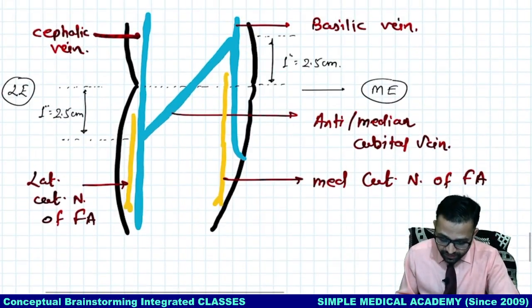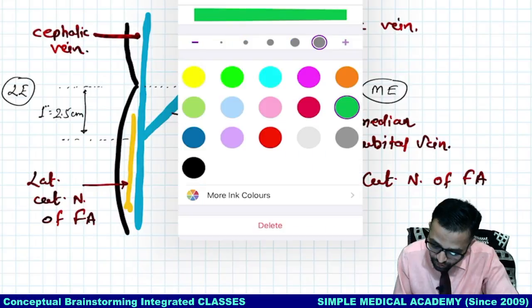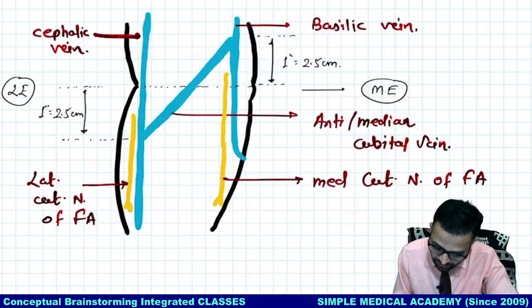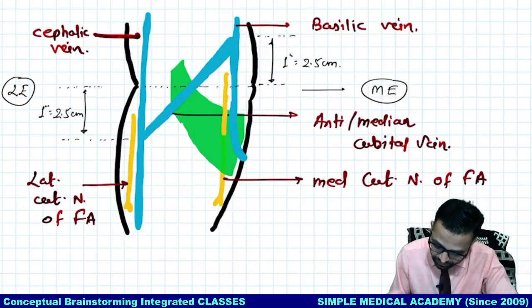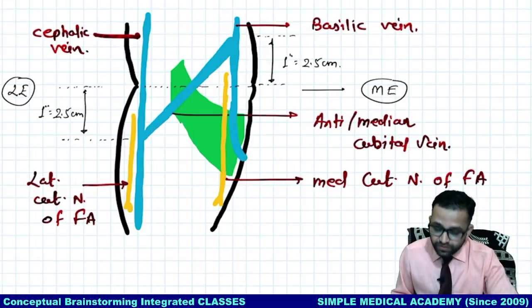Okay, and there is our bicipital aponeurosis also. Yes, the bicipital aponeurosis is running from the lateral to the medial side. Okay, and it is deeper in location. Getting the point? Fine.